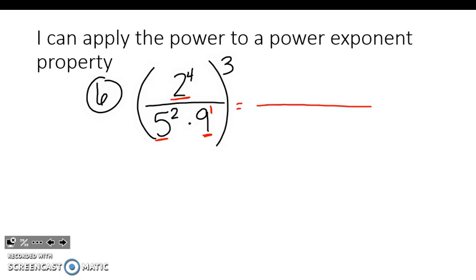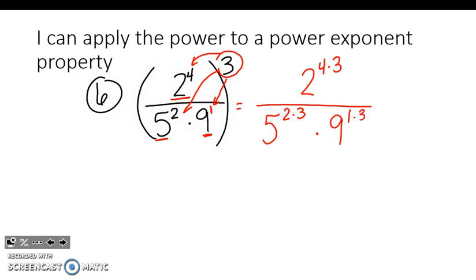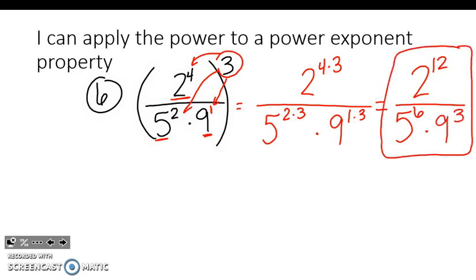So I have to be careful here that I apply this 3 to every single exponent. So I have 2 to the 4th times 3, 5 to the 2nd times 3, 9 to the 1st times 3. So I get 2 to the 12th, 5 to the 6th, times 9 to the 3rd. So this is my final answer.